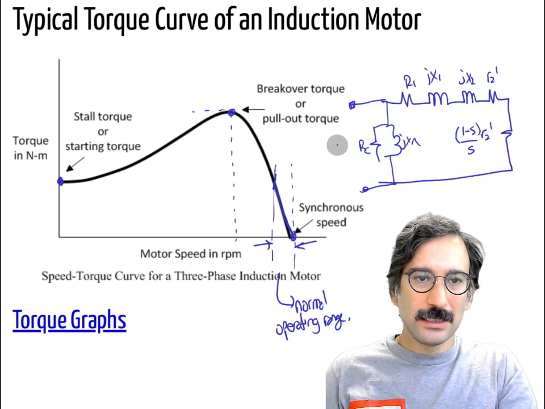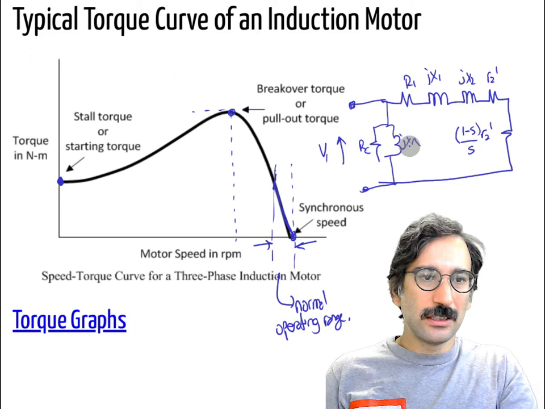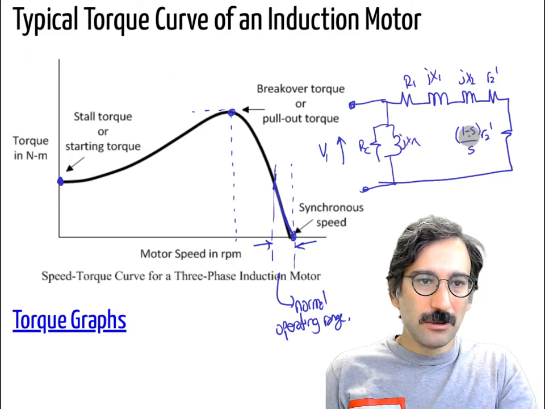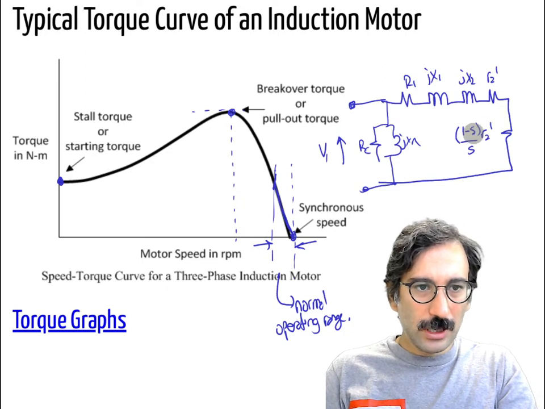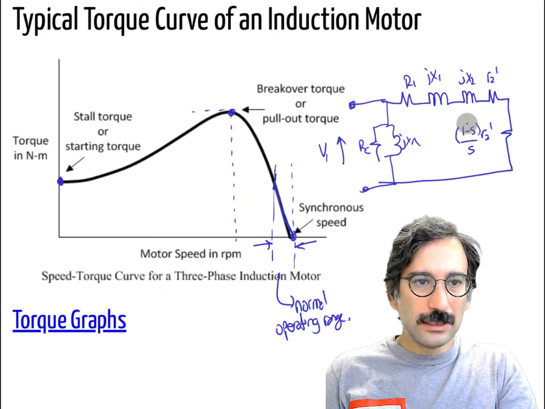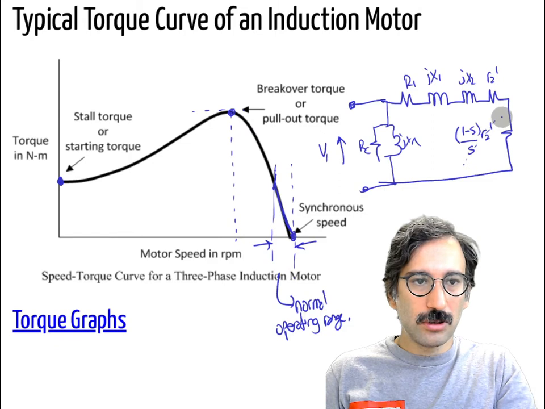If you apply a large voltage starting from here, when the slip is 1, then (1 minus s) divided by s behaves like a short circuit.